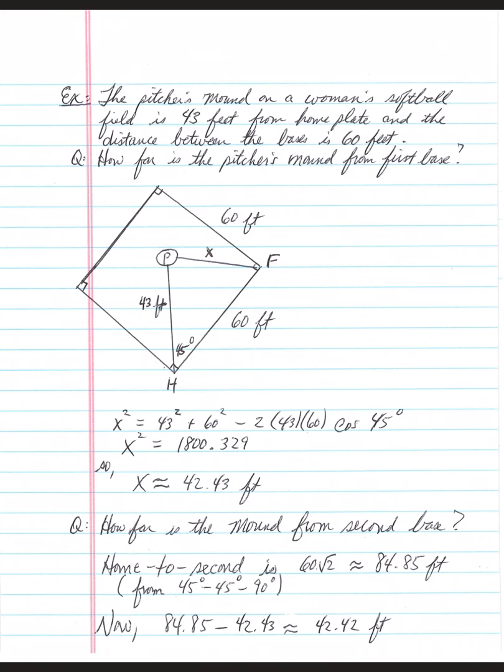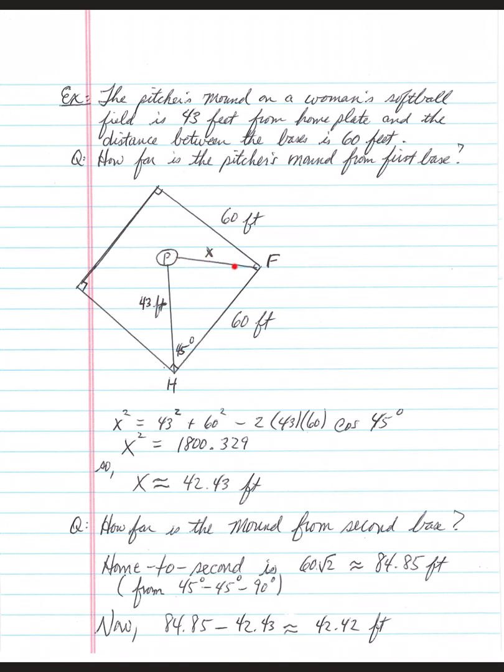Anyway, we know the pitcher is going to be a direct path to home plate. These baselines are 60 feet each. The distance from the pitcher's mound to first base, I'm going to call that X because that's what we're asked to find.